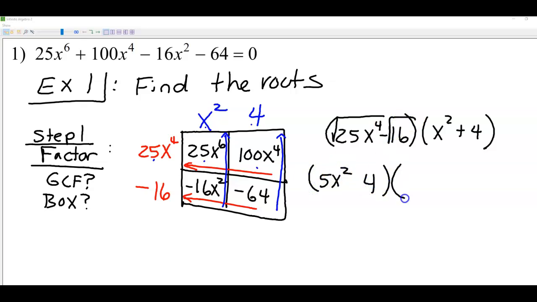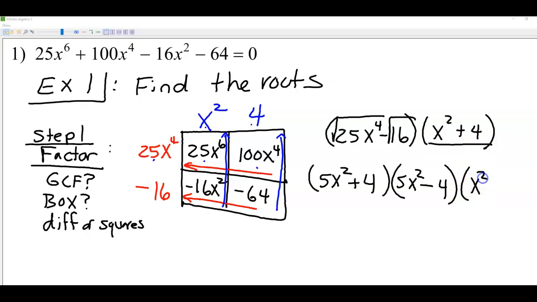And you're going to write that twice. One with a plus, one with a minus. That's a difference of squares. This guy over here is not a difference of squares. It's a sum of squares, and those don't factor.